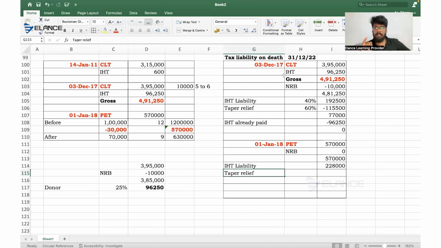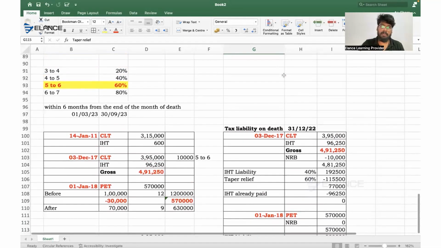So 2018 is the transfer year, 1st Jan 2018, then 2018, 19, 20, 21, and exactly on the completion of 5 years he died. He's not alive for more than 5 years. Exactly on the completion of 5 years after making the transfer, he died.